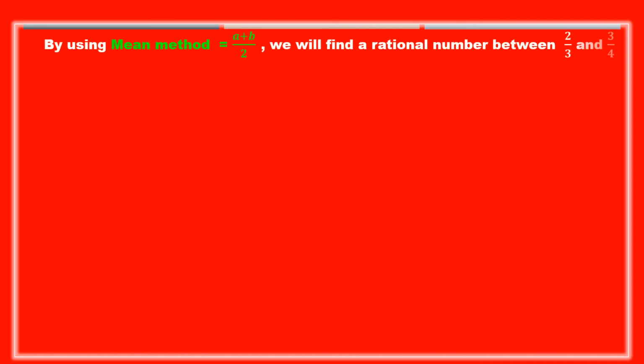By using the a plus b by 2 method, here a is 8 by 12 and b is 9 by 12. So we write a plus b, divided by 2. Now take the LCM for the denominators first. Here 12 and 12, you'll have 12 only, and if the denominators are the same, the numerators will be added directly.